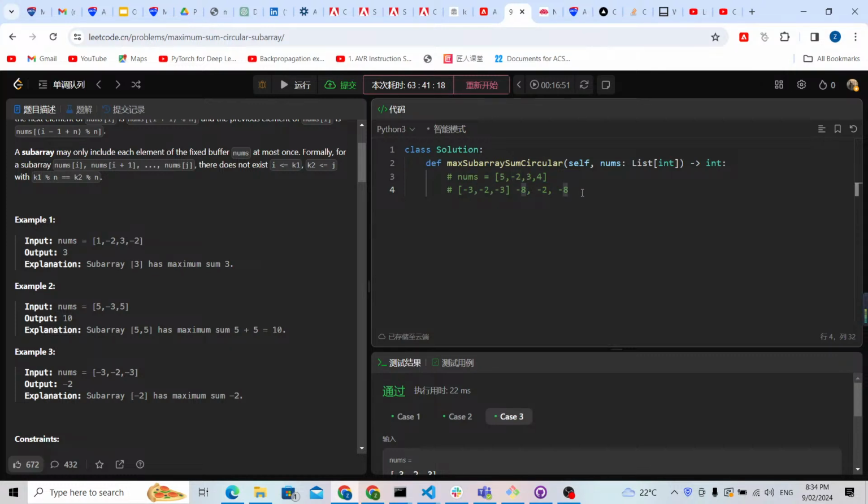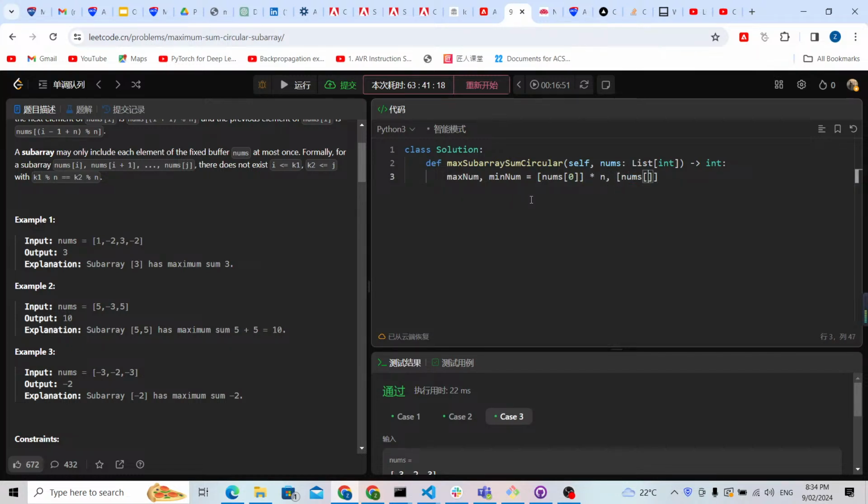Now let's try to code it up. I'm going to prepare the max of nums and the min of nums. I'm going to prepare two arrays. Inside the array, it's going to be nums[0] times n, because I'm going to start from index 1. Here also nums[0] times n.